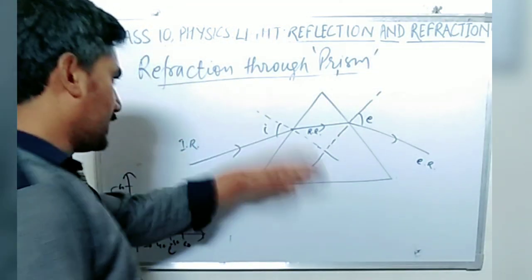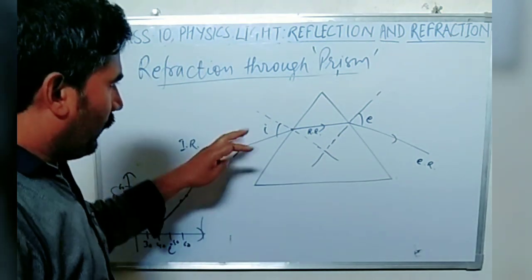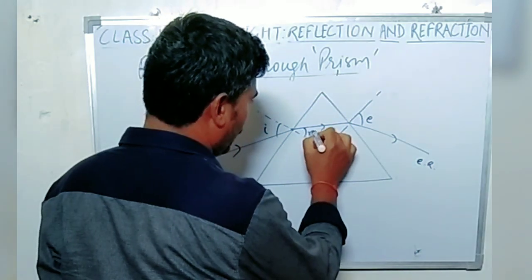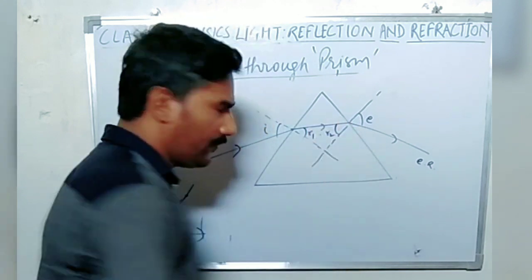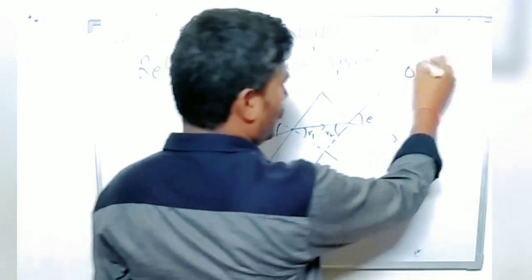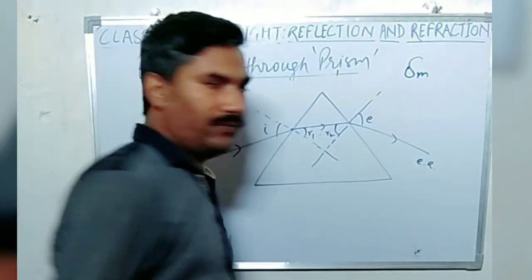Now, in this case, when this refracted ray strikes this surface, it forms the angles of refraction R1 and R2. Suppose we have, in this case, minimum angle of deviation.